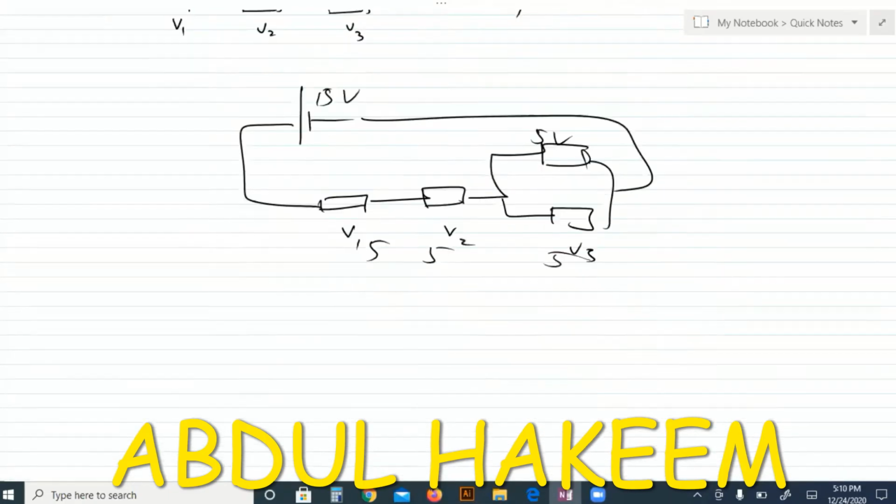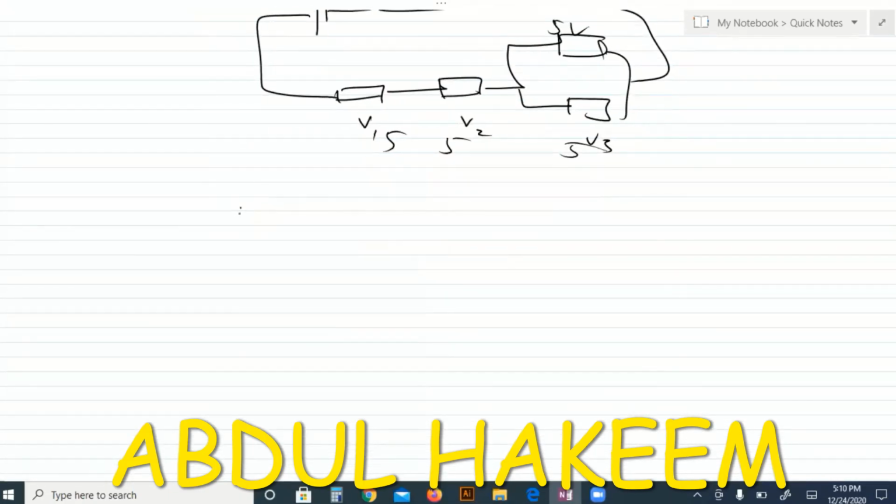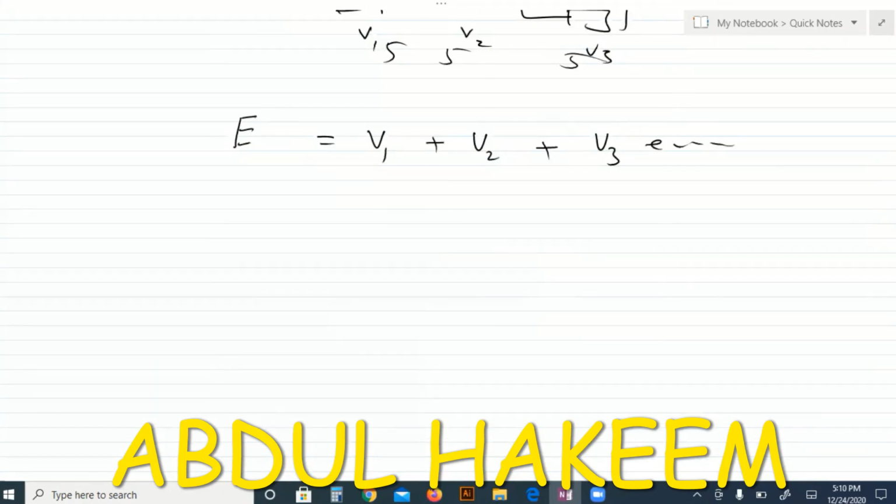Okay, now EMF E is equal to V1, V2, V3, and so on. But according to electric potential formula, electric potential is the work done per unit charge, mean it is equal to energy divided by charge.